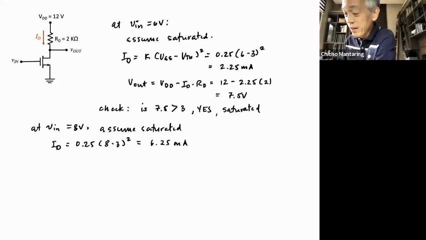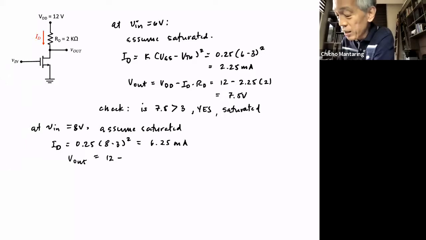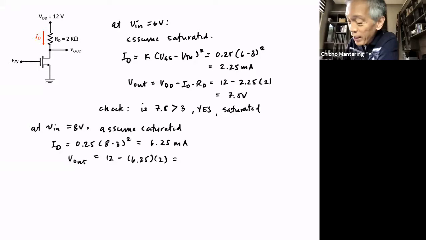Okay. Let me compute for Vout. Vout is VDD minus IDRD, so this is 12 minus 6.25 multiplied by 2. And if I compute that, notice that this is large, this is 12.5, no? Which is larger than this. I'm going to get minus 0.5.